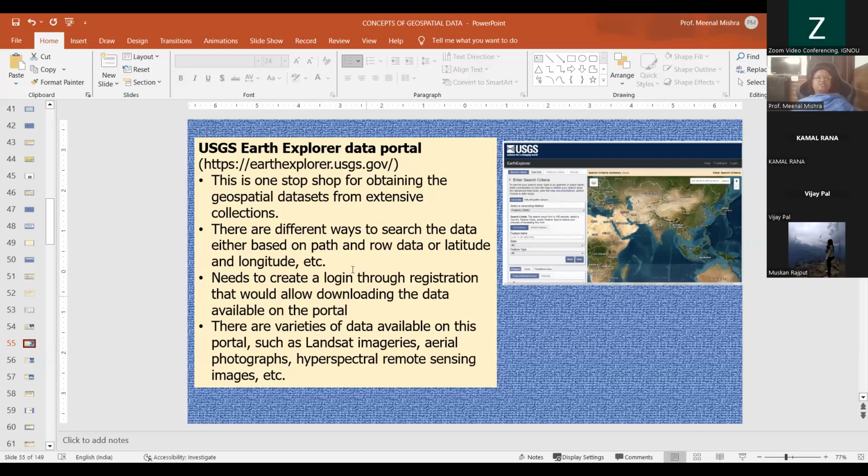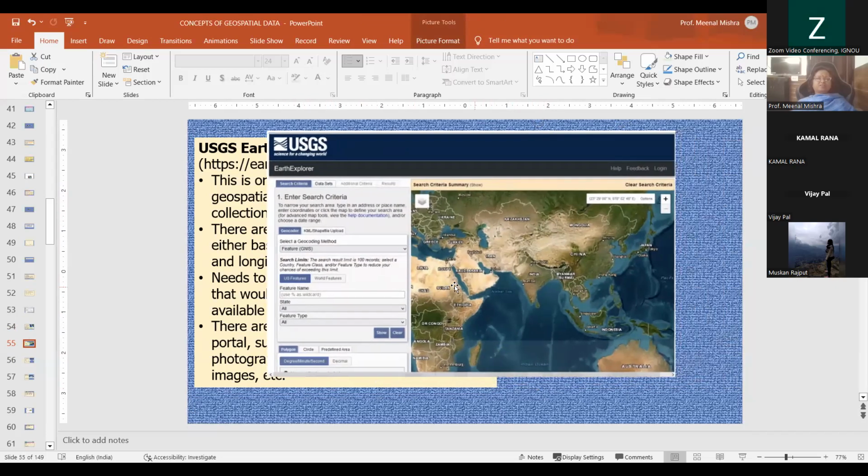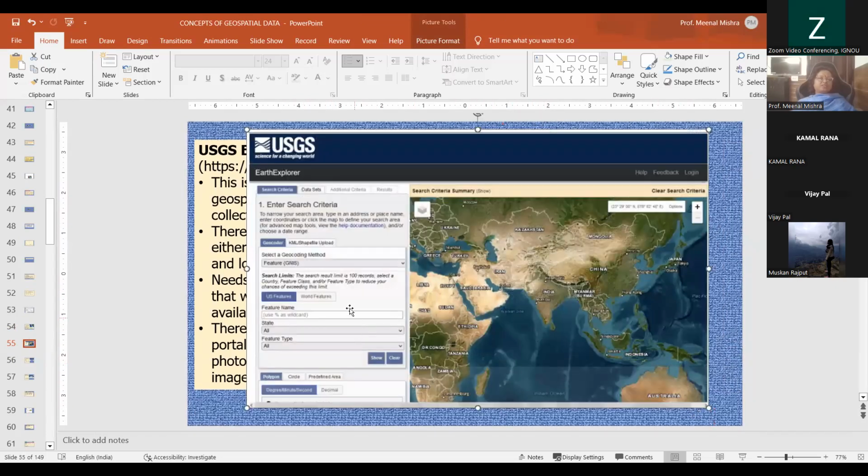They have the Earth Explorer data portal, and it is a one-stop shop for obtaining geospatial datasets, with an extensive collection. This is a screenshot of USGS, where you can get different kinds of data, enter your search and get the data.